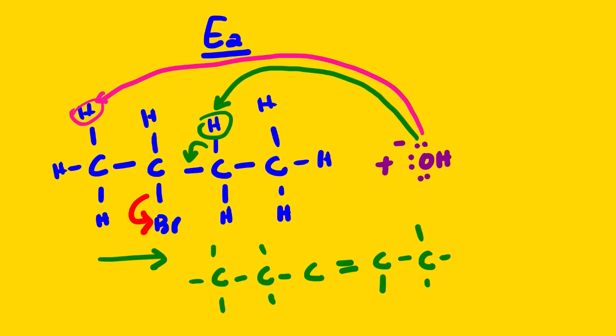Now we look at the substitution. We have 1, 2, so it is di-substituted. There's actually something wrong here. Remember that the carbon which had the leaving group is actually carbon number 2.